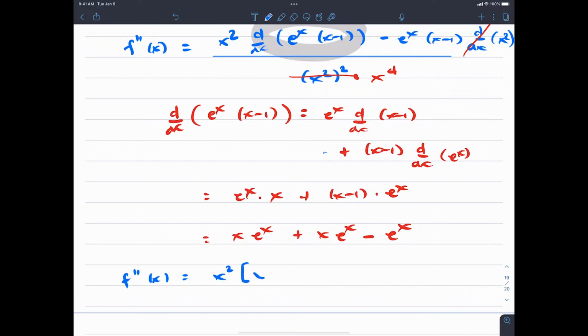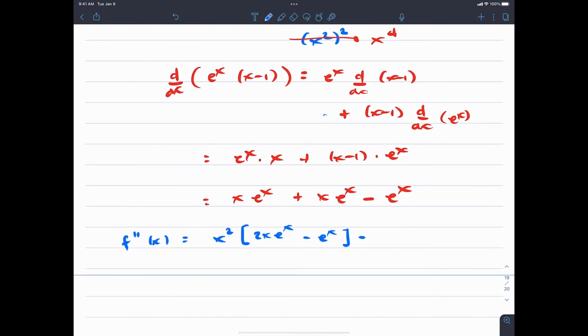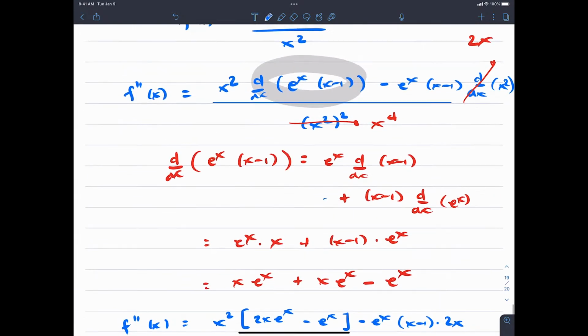x squared times x e to the x plus 2x e to the x, minus e to the x. Let me be very careful now. And that's 2x. So I'm going to do this, minus e to the x minus 1 times 2x.